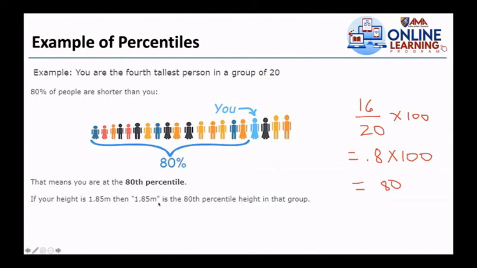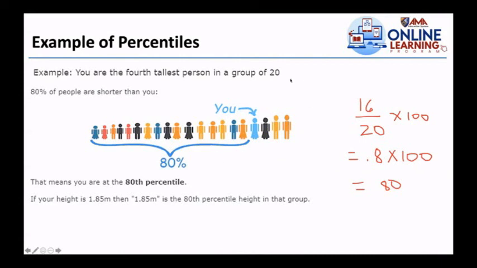We already know now once you're given 1.85 is the 80th percentile height in that group, you just have to know what's the sample or the population size. If we know it's 100, we already know that 80 of these people have height lower than 1.85. The 20 have height greater than or equal to 1.85, including you.